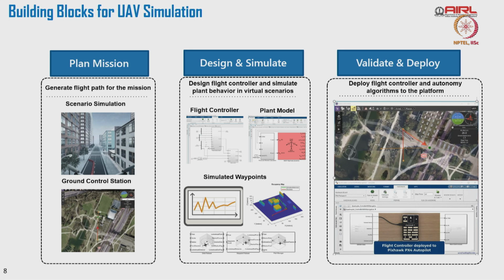How am I going to generate these points where the drones have to go through so that they can complete the mission of interest to us? When I put in these waypoints, I have to really visualize how it will go through in a scenario. That is also needed.